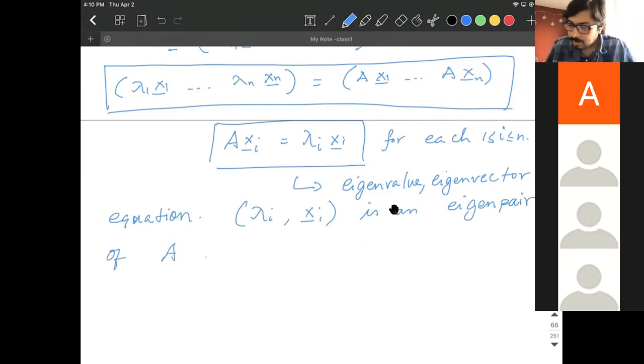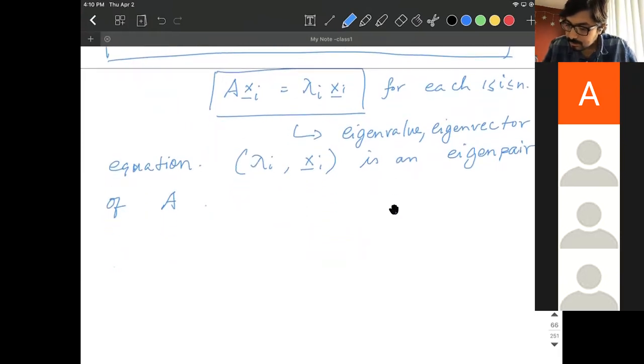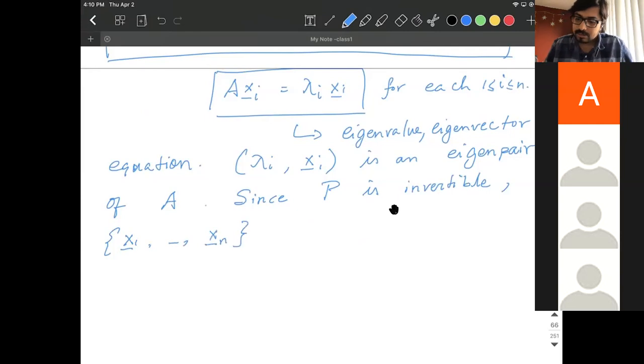Okay. Now notice that P is invertible. Since P is invertible, this particular set x1 up to xn, so these are the columns of P, has to be linearly independent.